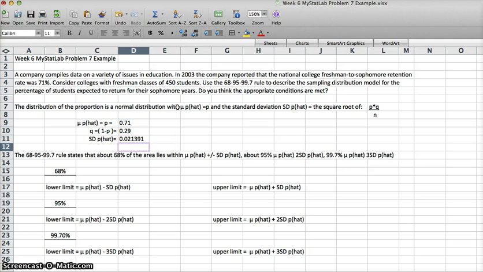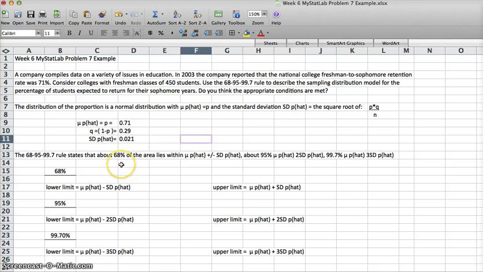And there we have 0.021391. So we're going to round that to 0.021, and that will be our standard deviation of P hat. So now we have what we need to come up with our limits for each one of our pieces of the rules, the 68%, the 95%, and the 99.7%.